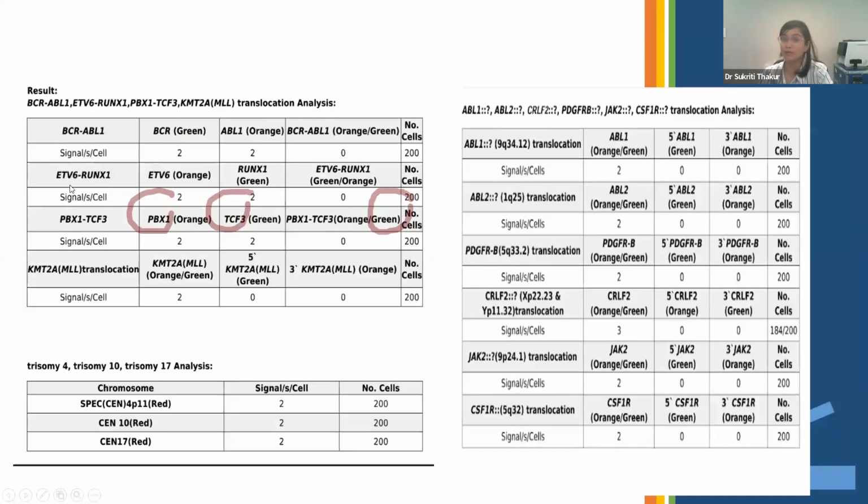Most common with good prognosis is ETV6-RUNX1 gene rearrangement, and also KMT2A (MLL) gene rearrangement. These are the gene rearrangements which will be seen by FISH, and we also cover all the Ph-like gene rearrangements. So it's stepwise: first we saw the morphology, then we saw the flow, then we went to FISH.